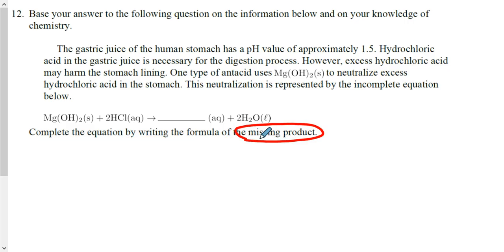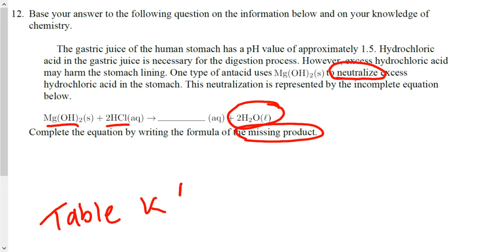I noticed that they wrote H2O over here and it's a neutralization reaction, so one of these must be my acid and base. If I look at reference tables K and L, I would realize that HCl is my acid and Mg(OH)2, magnesium hydroxide, is my base.